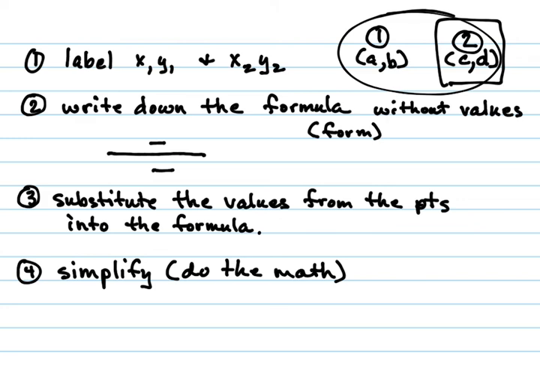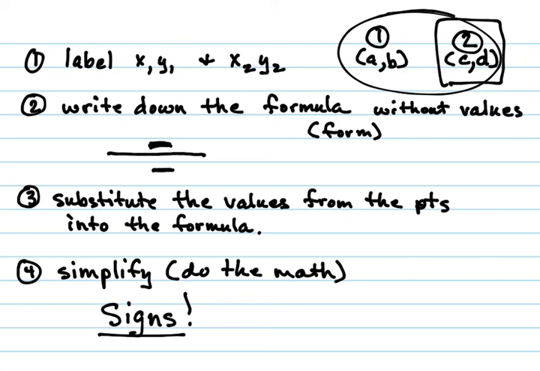Okay? And when you're simplifying here, I will tell you that the biggest mistake that students make when they're working on these is signs. Because we have a minus from our formula, and so if I put a negative after that minus, what does minus a minus become? Positive, right?